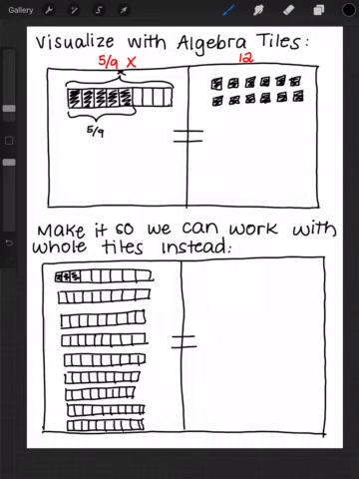Okay, so I have my 5 out of 9, 1, 2, on each one. And I drew an extra one on that one, but that's okay.